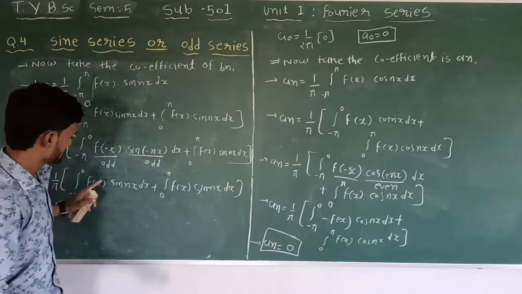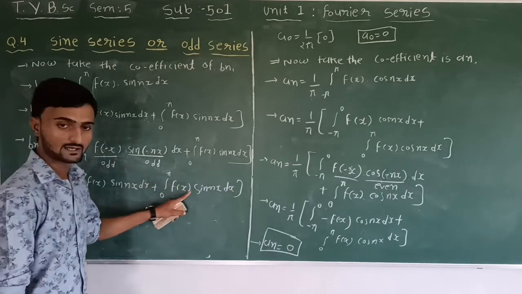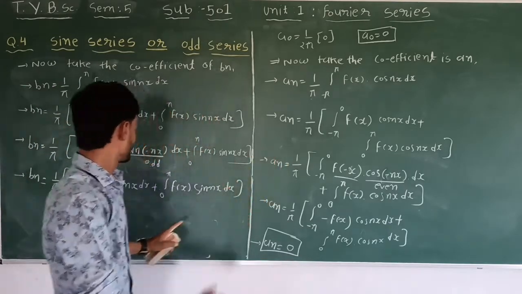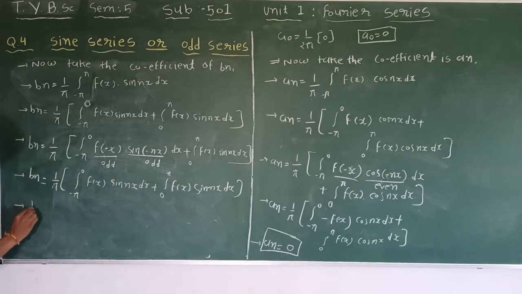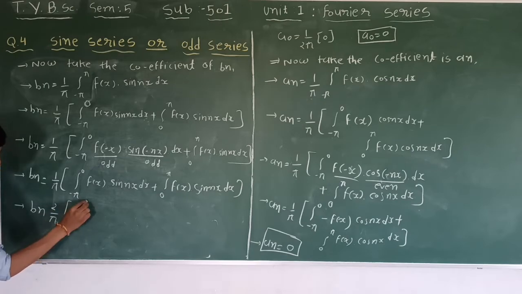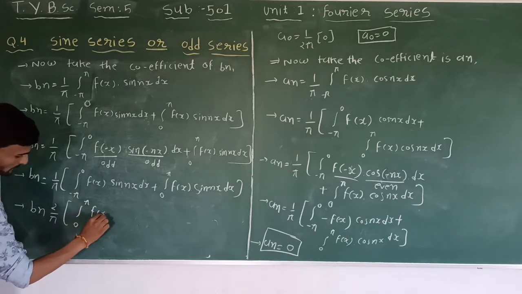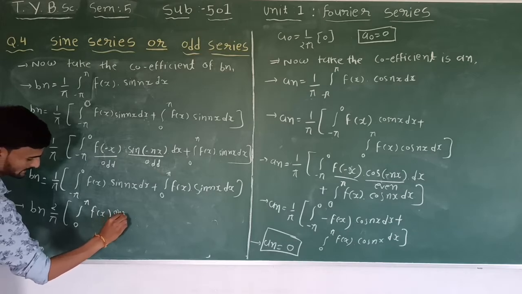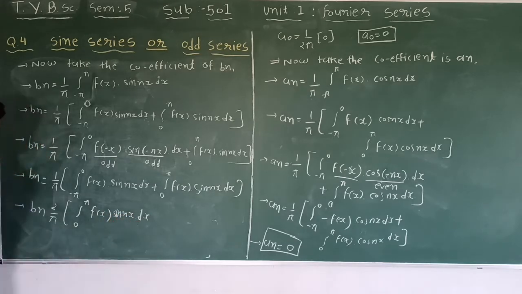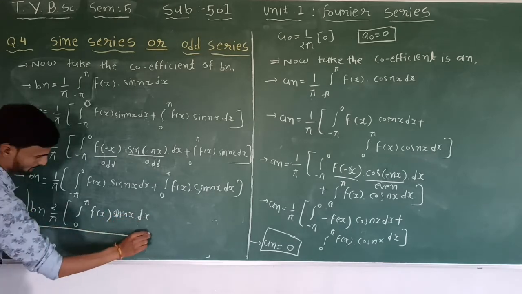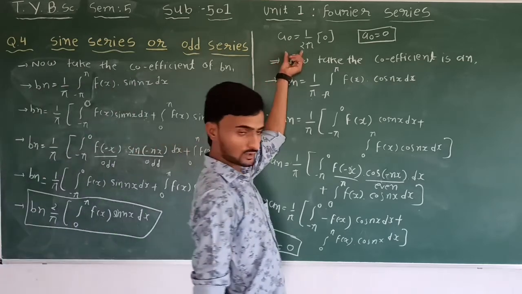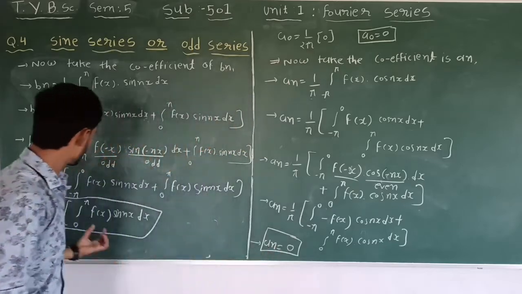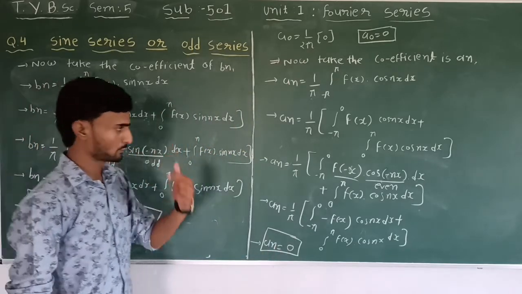The two parts of f of x sin nx dx have plus signs and are positive, so 1 and 1 make 2. So 2 upon pi, integral from 0 to pi of f of x sin nx dx. This is the value of Bn.